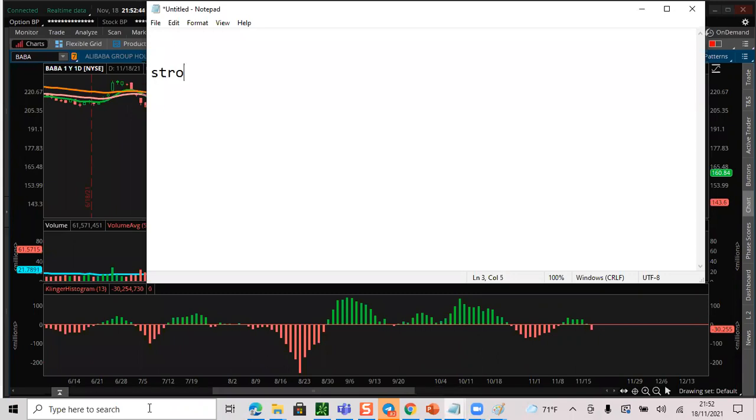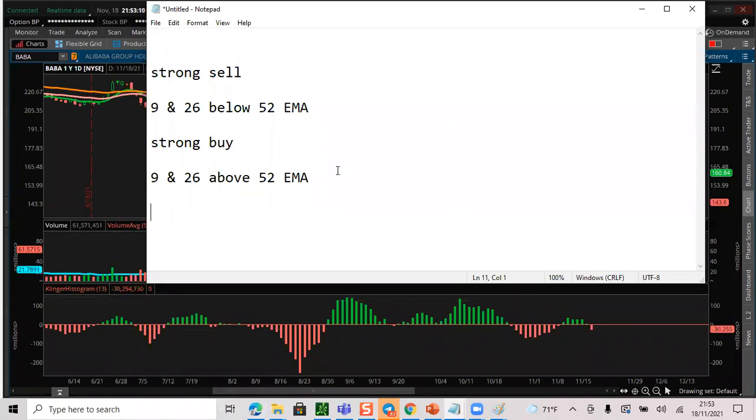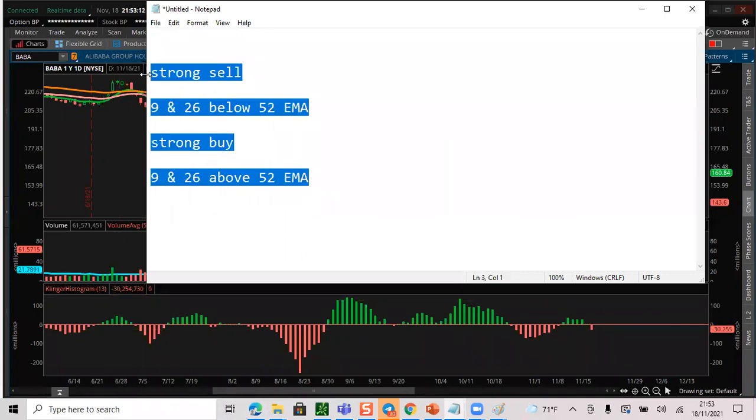Strong sell: 9 and 26 below the 52 EMA. It's a strong sell. You call a strong buy when 9 and 26 are above the 52 EMA. Okay, so this is the fundamental, especially if you're a long-term trader.